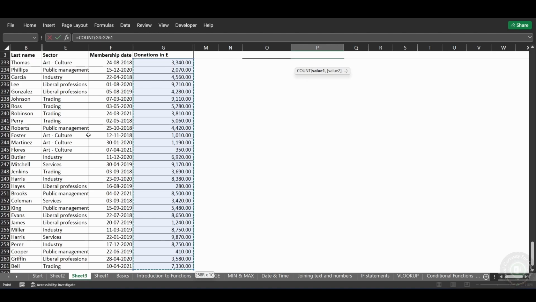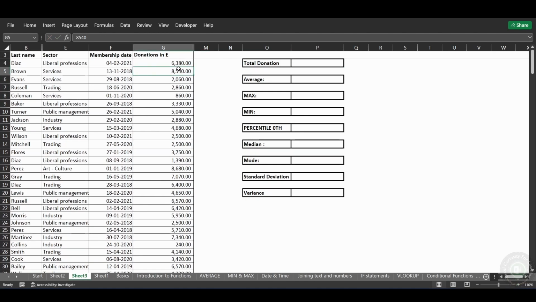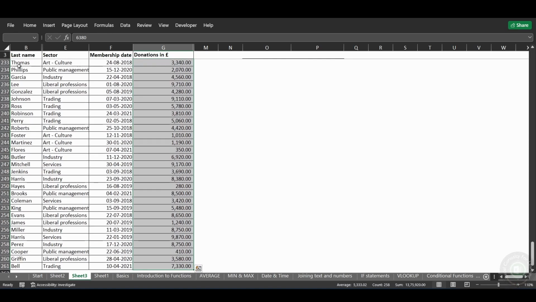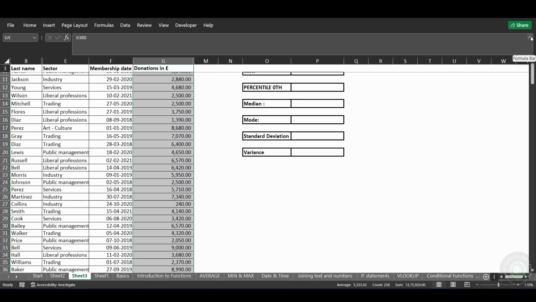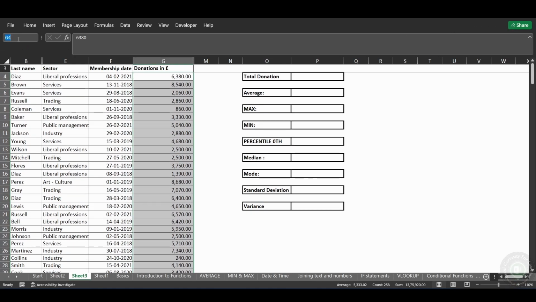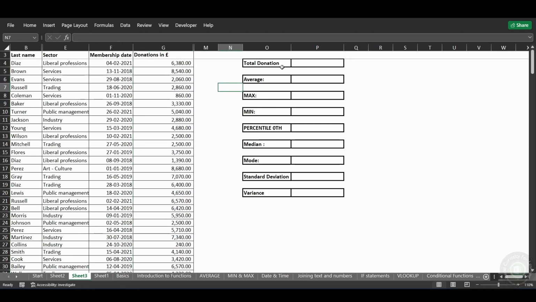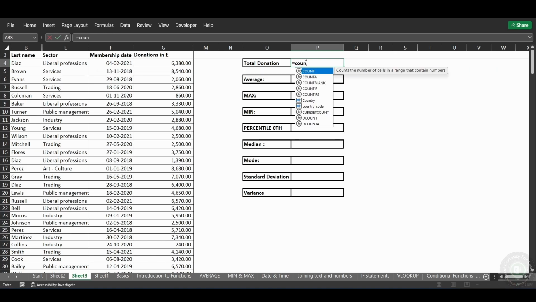What we'll do is we will give a name to this range, donation. We'll write count donation.